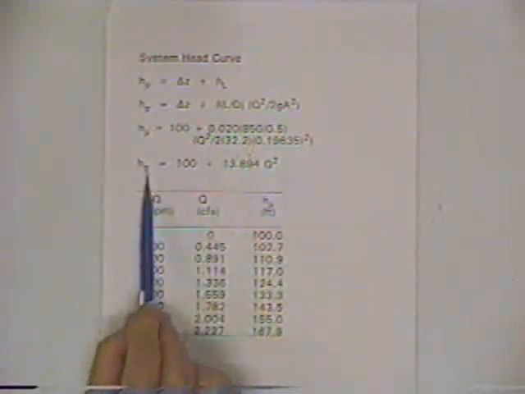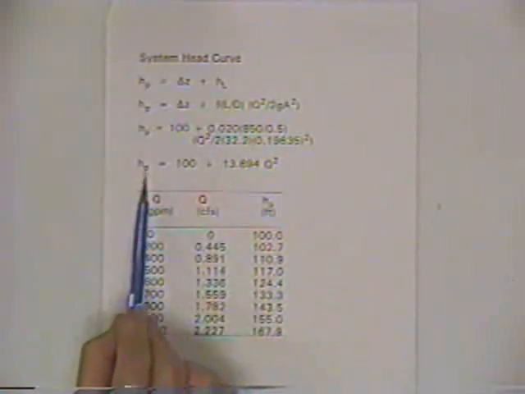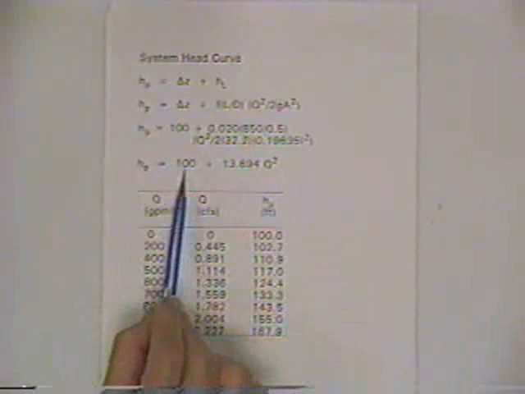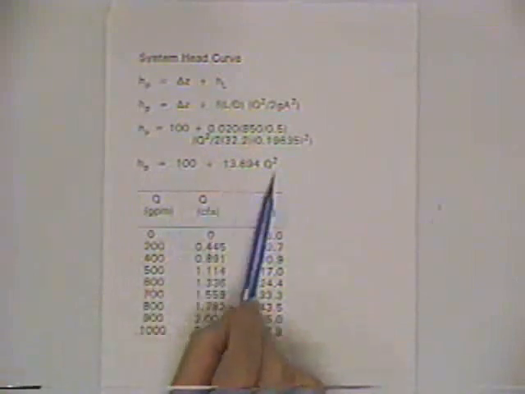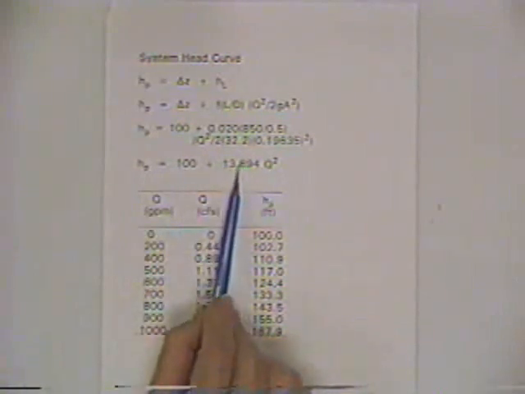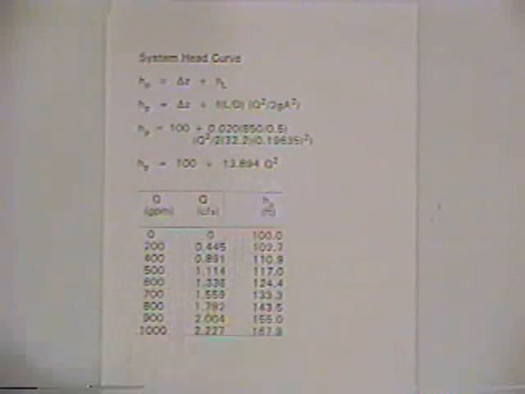And we've got an expression that says that the head required of this pump is 100, and that's that delta Z plus the head loss. The head loss is just a number we computed from the Darcy-Weisbach equation times Q squared. And so that's what we've done before, except now we don't know exactly what Q is going to be.